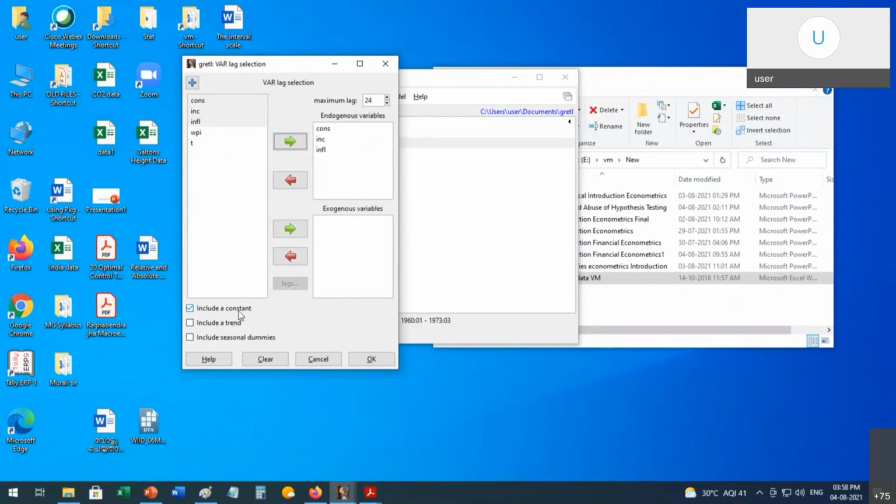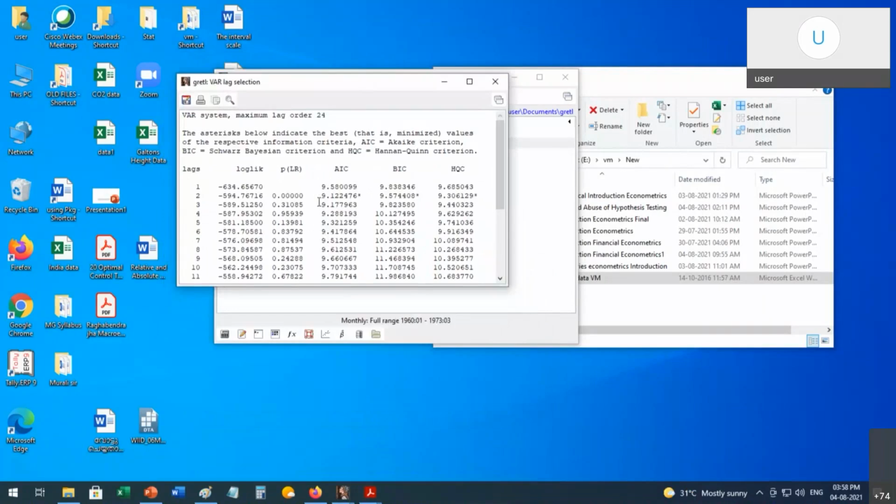We can include a constant also, but not the trend and others. As such, we are doing it, and we have found that there are no seasonal problems, so we don't want any seasonal dummies also. If we find that there is seasonality, then we have to use these seasonal dummies. Now with this we click OK.